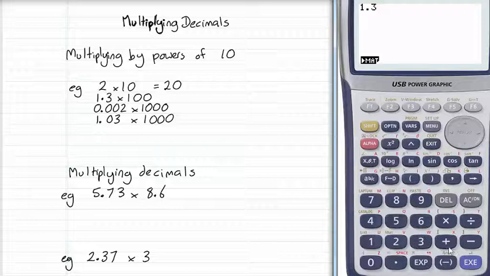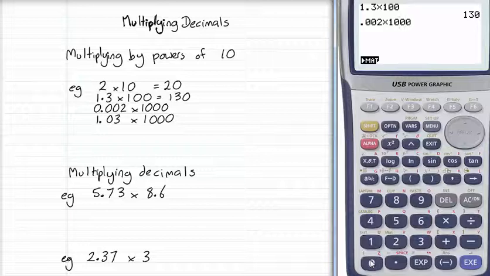1.3 times 100. That's 130. 0.002 times 1000. Oh, it's just 2.